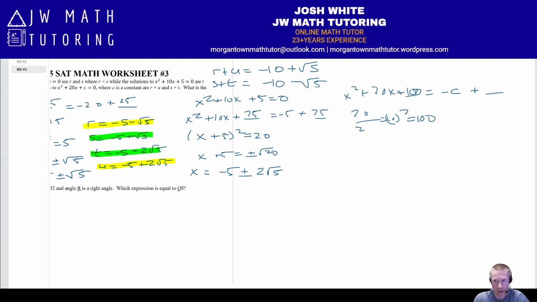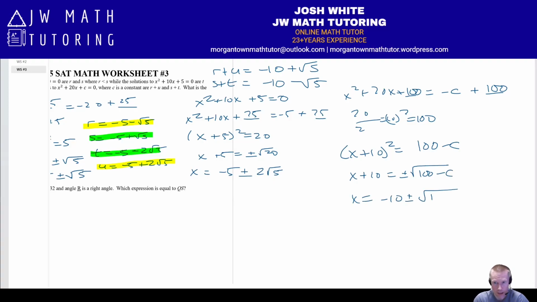So I'm going to add 100 here, add 100 here. This becomes x plus 10 squared. Over here we get 100 minus c. Okay? Now, notice you square root both sides. X plus 10 equals plus or minus the square root of 100 minus c. X equals negative 10 plus or minus the square root of 100 minus c.